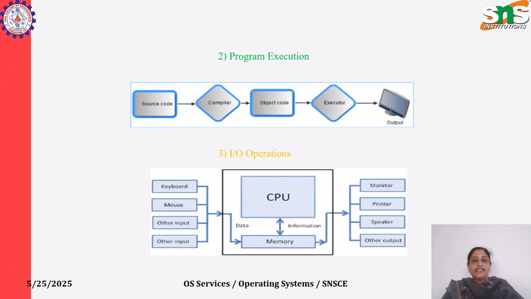The next service provided by the operating system is program execution. We all know the operating system manages how a program is to be executed. It first loads the program into the main memory, after which it is executed.